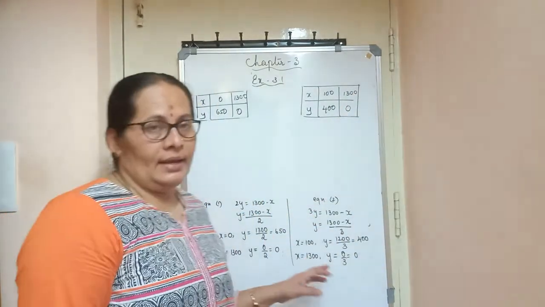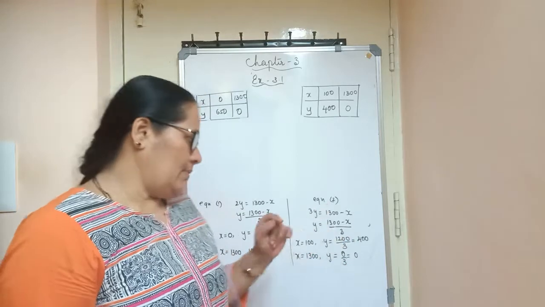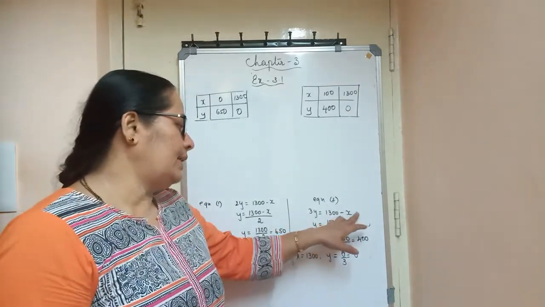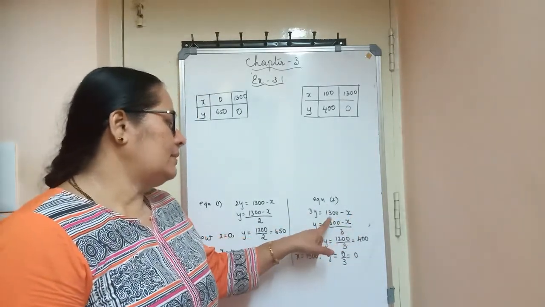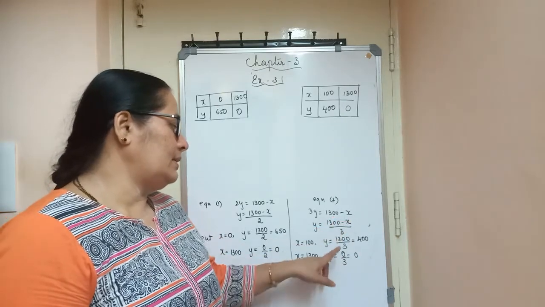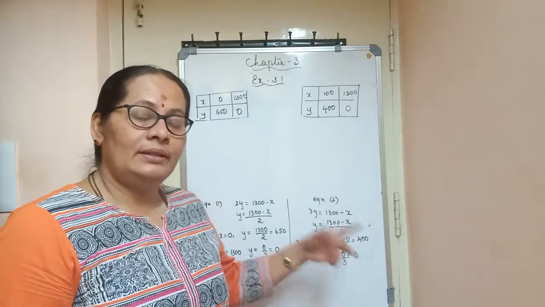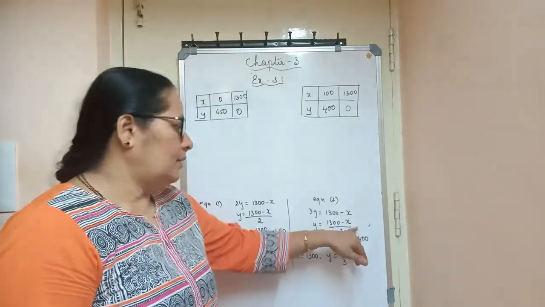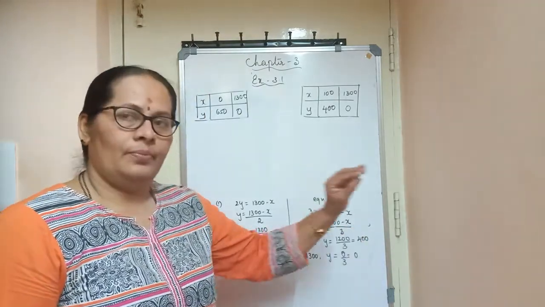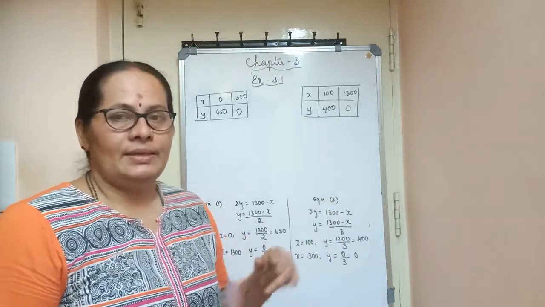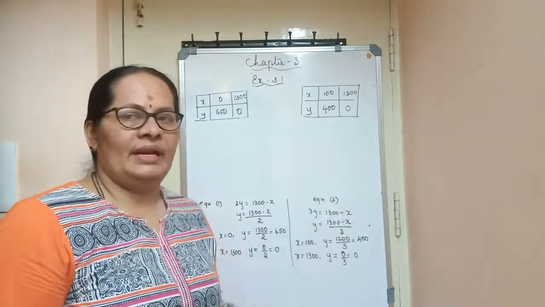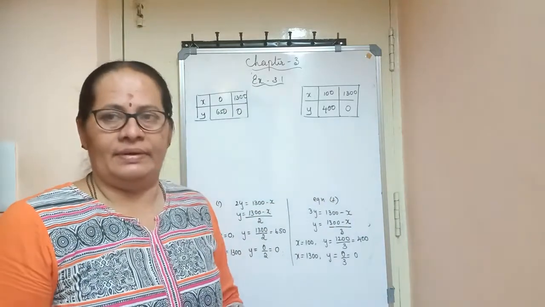Here I did not take x equals 0. Why? Because if I take x as 0, then what happens here? 1,300 minus 0 is 1,300. So 1,300 divided by 3. Again you will get the result in decimals, that is non-terminating, 433.333, like this it will continue.